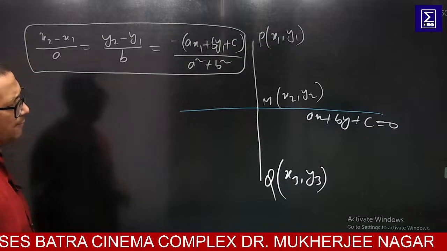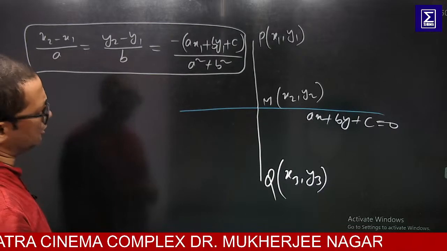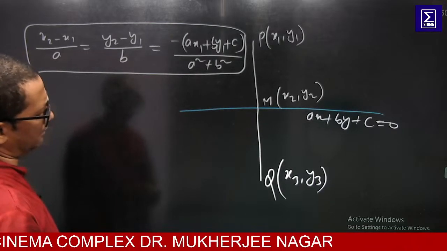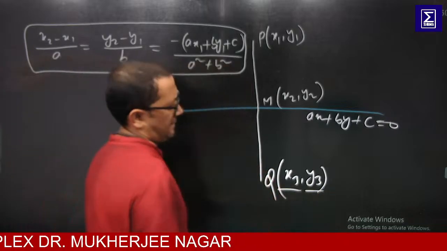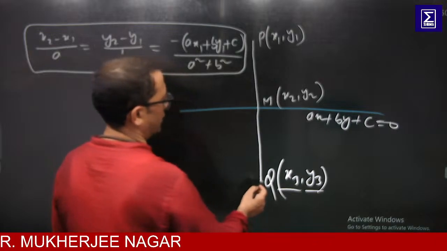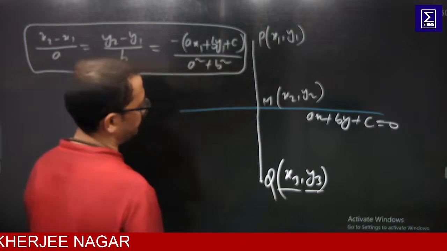Now in the same relation, if we can make it in such a way that we can also include x3 and y3, then we will be able to get the coordinate of Q as well.